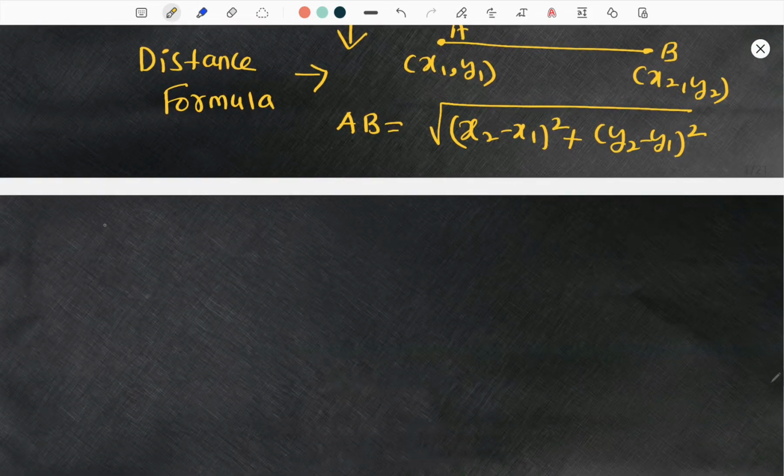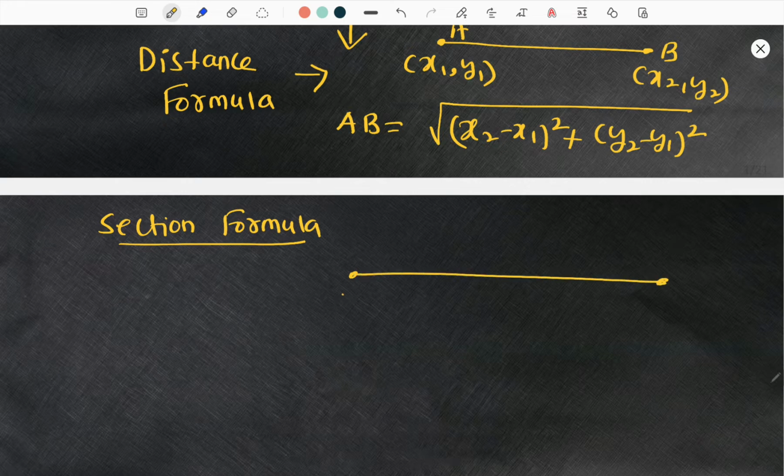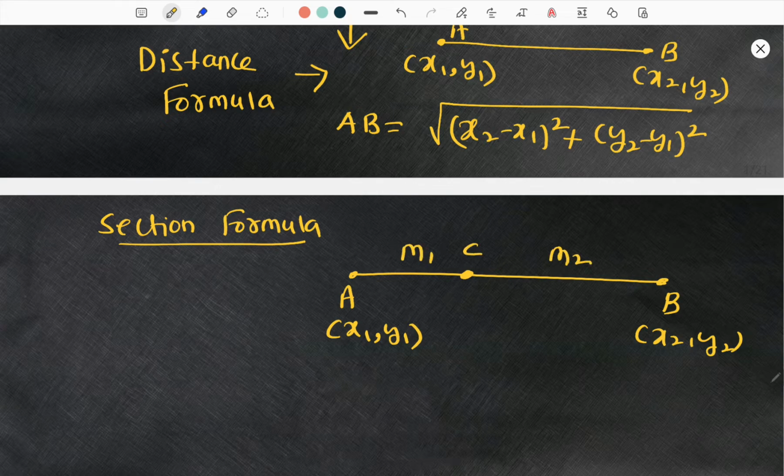Then afterwards we have the section formula. You must be having an idea about the section formula, dividing a line segment. For example, this is the line segment AB with the coordinates x1, y1 and x2, y2. Here is a point C dividing the given line segment in the ratio m1 to m2.